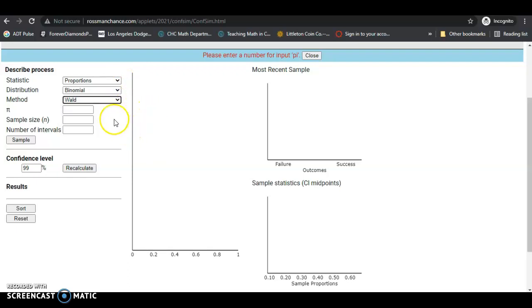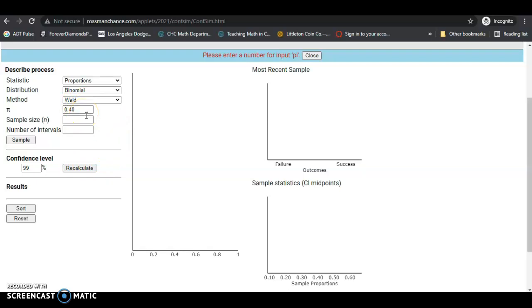Okay, so what we're going to do is pretend that the population proportion is 0.4. So for example, let's say 40% of a population has a certain characteristic or holds a certain belief. Okay, we say that that population proportion is 40%.